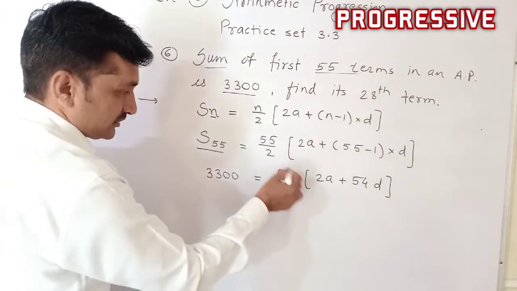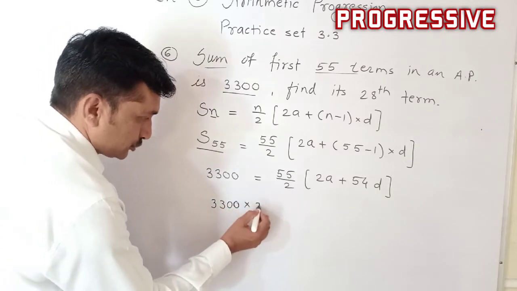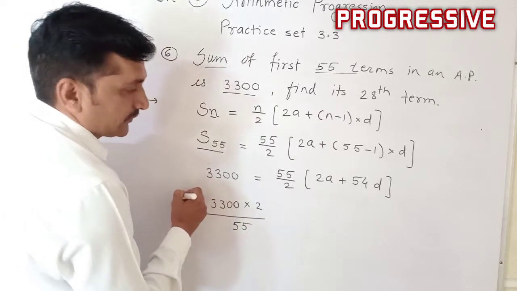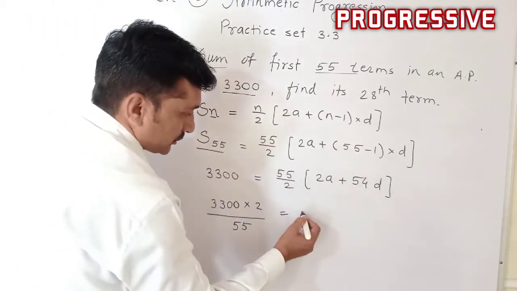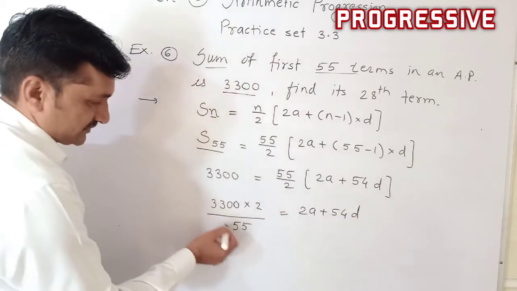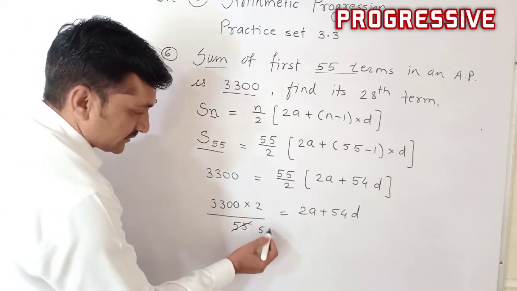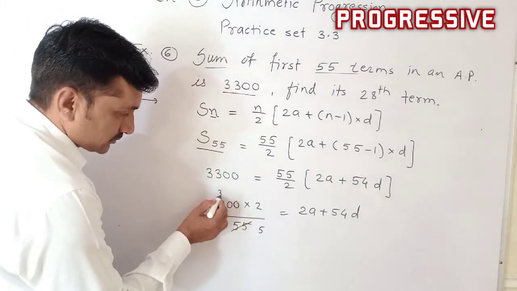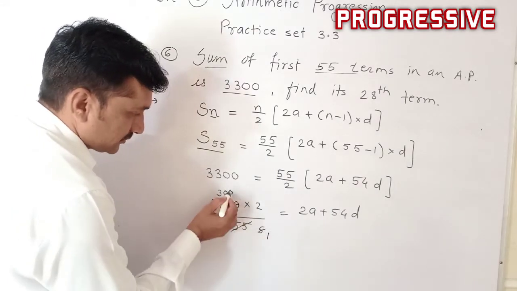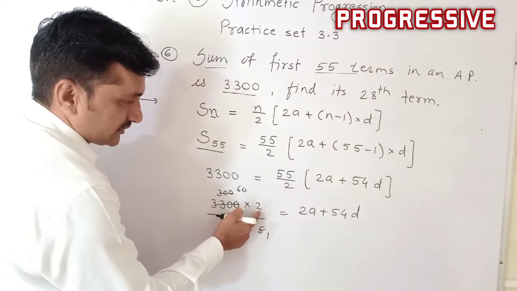Now transfer these numbers: 3300 multiplied by 2 and divided by 55, both are transferred to the left side, and what is left is the bracket, 2a plus 54d. Now let's solve this. You can reduce easily by 11: 11 fives are 55, 11 threes are 33. Then by 5, 5 sixes are 30, so 60 into 2 is left.